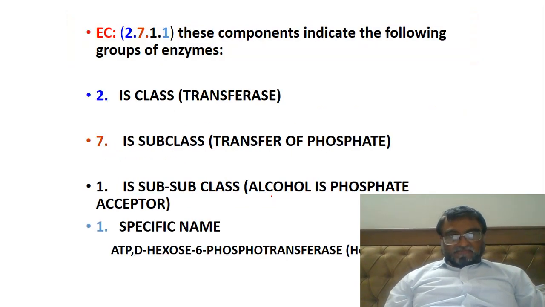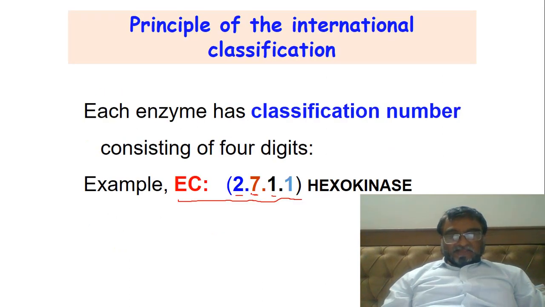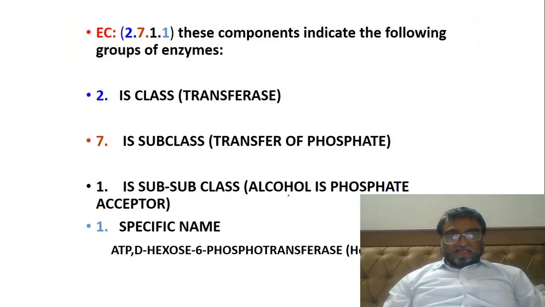This one means it is transferring the phosphate onto an alcohol group, the OH group. So the OH is replaced with phosphorus, and this tells us a specific name, ATP:D-hexose 6-phosphotransferase, commonly known as hexokinase.